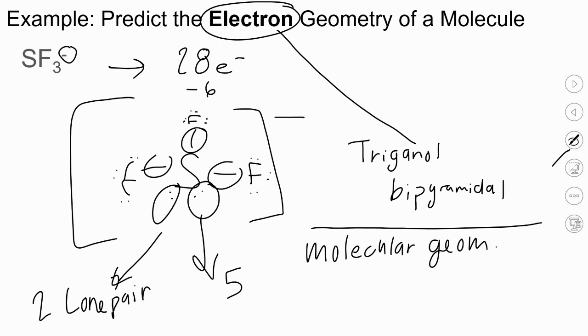The atoms are going to space out like this. And then if we ignore those lone pairs, it looks like a T for the molecular geometry. T-shape. Does that make sense? So molecular geometry is T-shaped based on our chart.